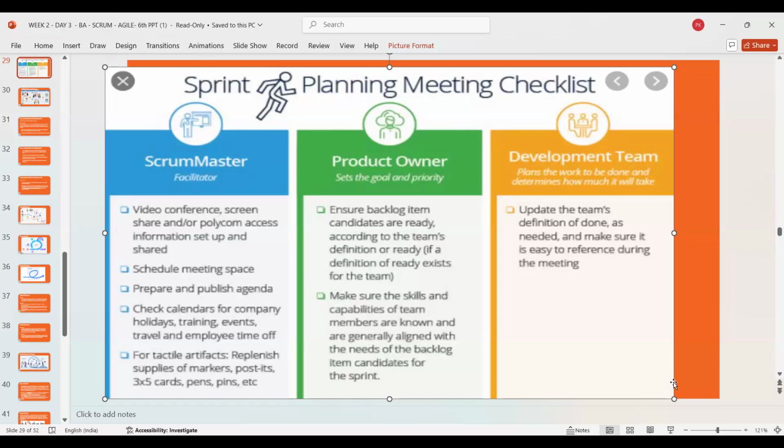The next point is really important, though it looks very simple or very straightforward. Check calendars for holidays, events, personal offs, etc. For example, the Diwali holiday is very big in India, but it is not the same otherwise.